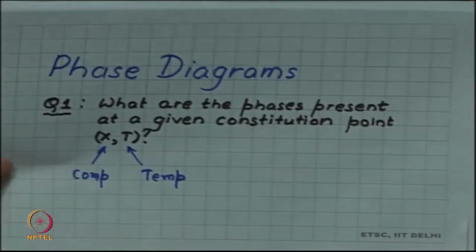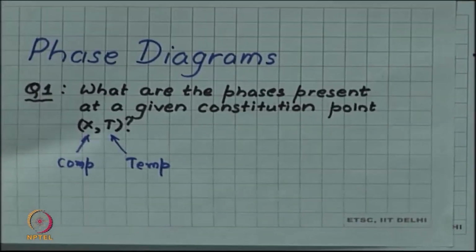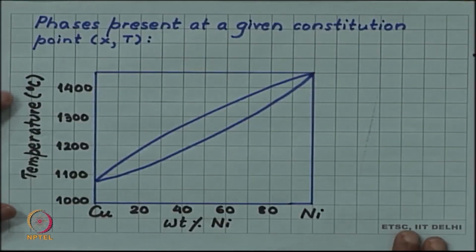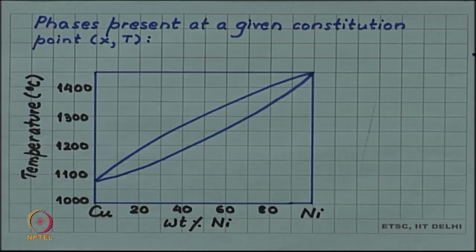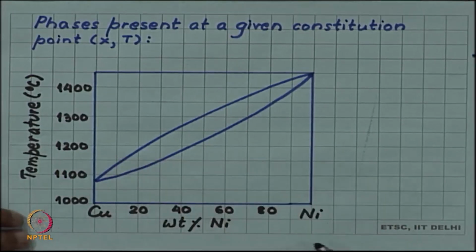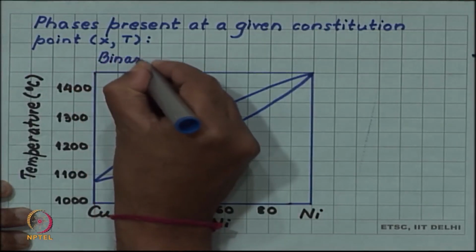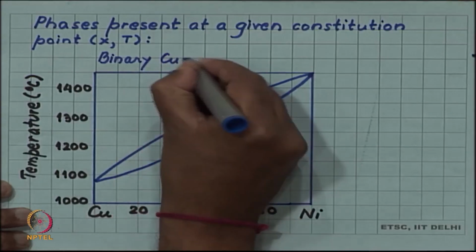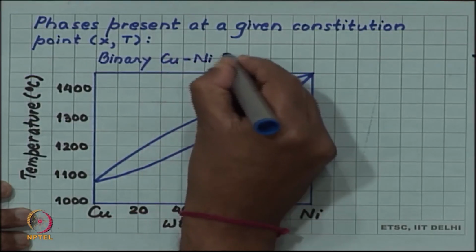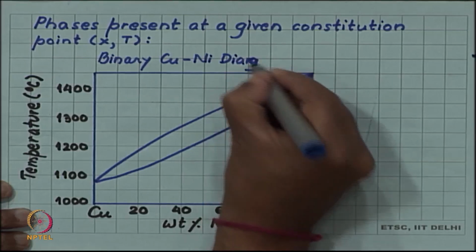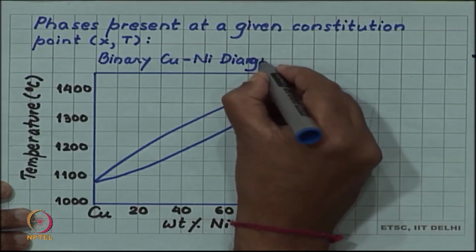This is a very important and a very direct question, and can be answered very simply by just looking at the phase diagram. So, remember, we come to our familiar binary copper nickel diagram. We have been using it, in fact, we have introduced only this phase diagram as yet.